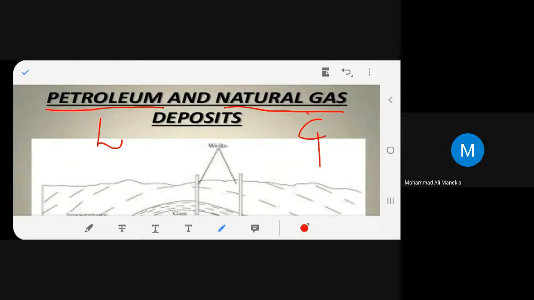When I'm drilling, you can see the drill. First the gas will come out, and it will start burning. As soon as I see the gas coming out, that shows there is a reservoir of petroleum nearby, because natural gas and petroleum are together. If the pocket of natural gas is on top, that means the bottom one has the petroleum.